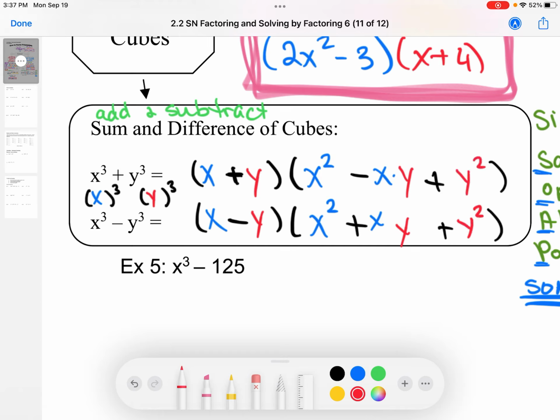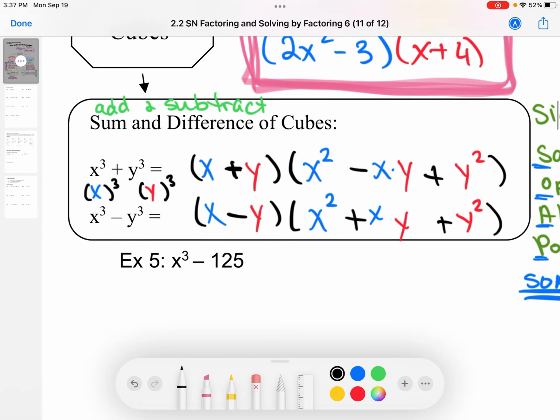Notice all of those are double powers, either second powers or 1 power of each variable, so double powered. Think of these as the formulas for factoring cubes. We need to find the x, we need to find the y, and then plug into the formula.